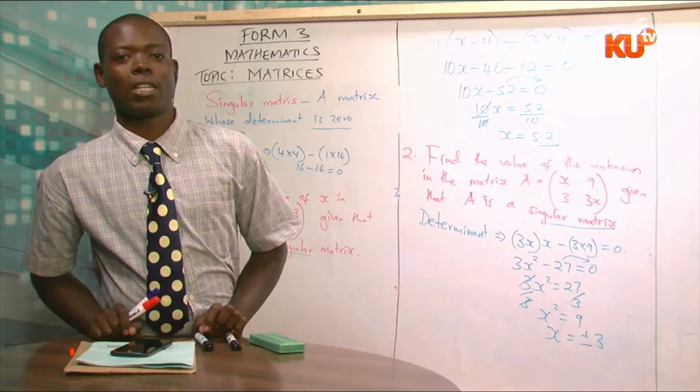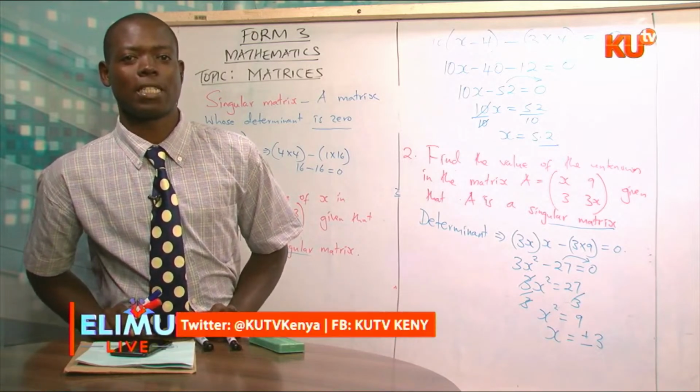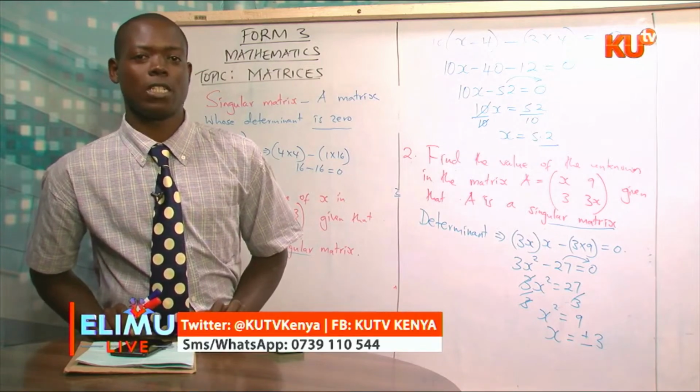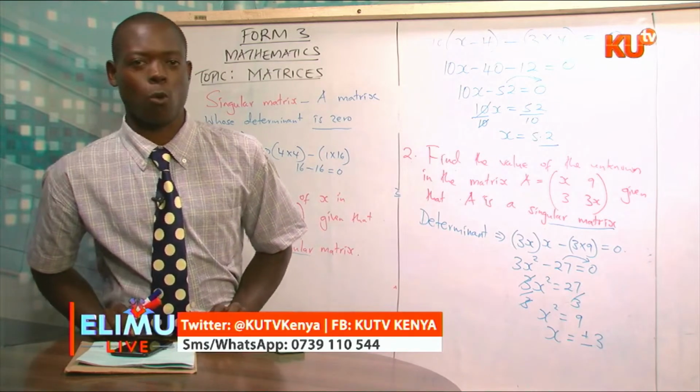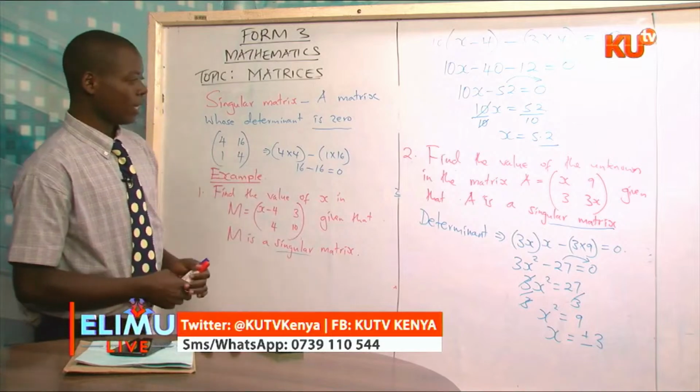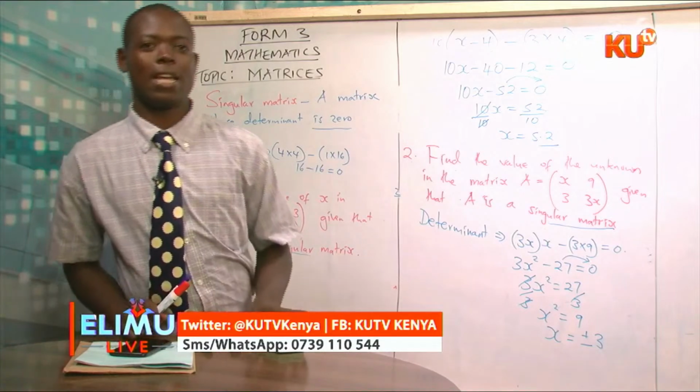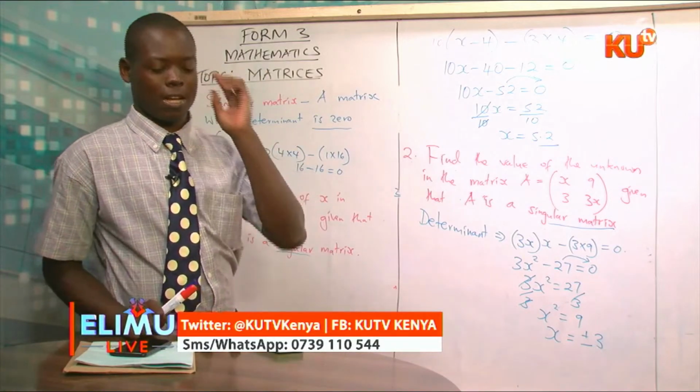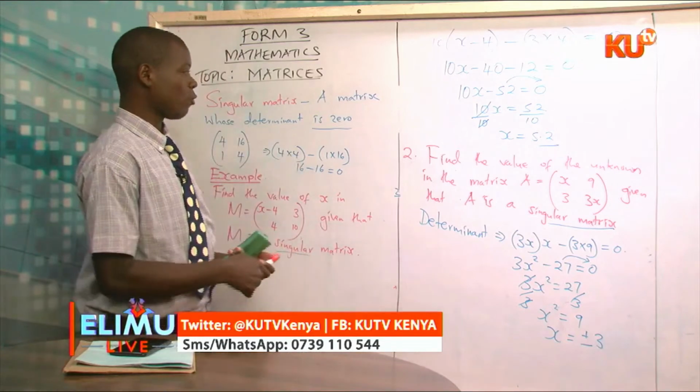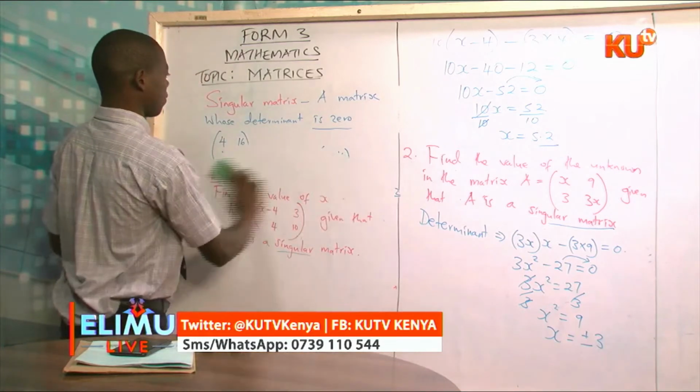And number 2, to understand the concept of singular matrices, that they are matrices whose determinant is 0. Good. That is our first area that we were to discuss, the determinant of a 2 by 2 matrix.